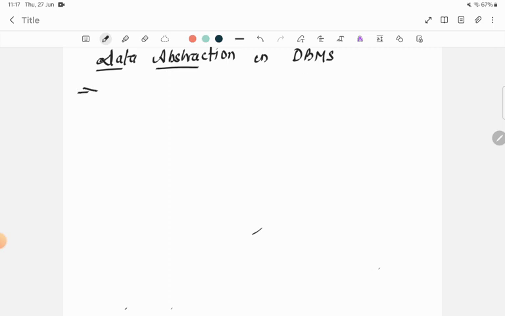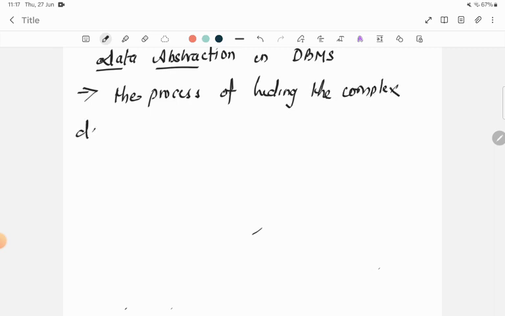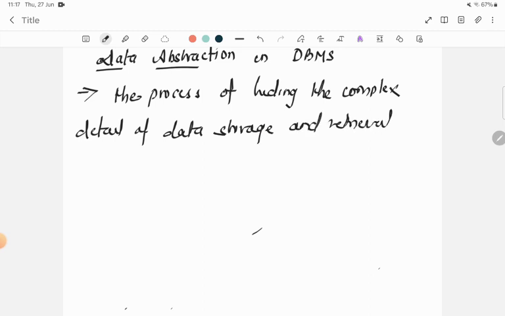So data abstraction refers to the process of hiding the complex detail of data storage and retrieval. So why is it done?